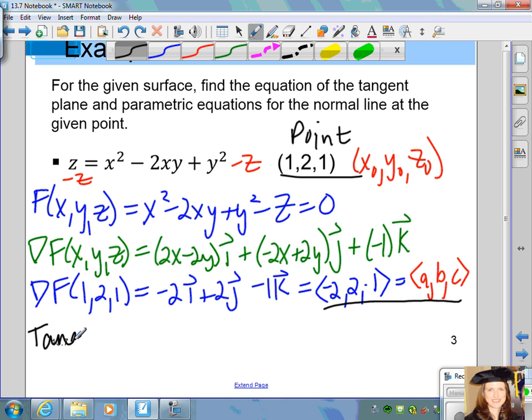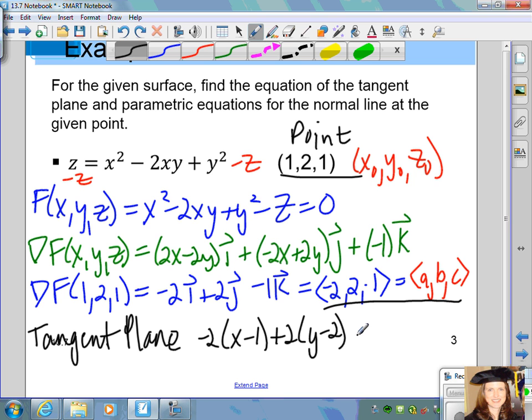So our tangent plane is going to be negative 2 times x minus 1 plus 2 times y minus 2 minus 1 times z minus 1 equals 0.